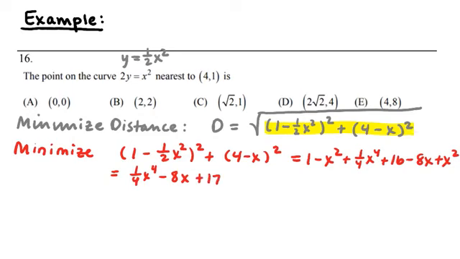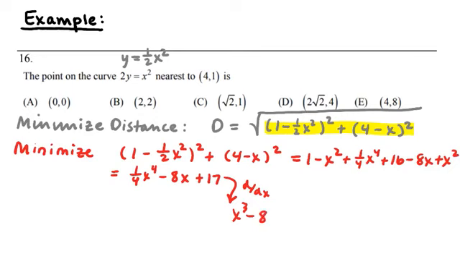And we know if we're trying to minimize something, the best way to do that is to take the derivative of it and find its zeros. So let's do that. So we take the derivative. And we get 4/4 x to the 3rd minus 8. Oh, and I know where this thing equals 0.